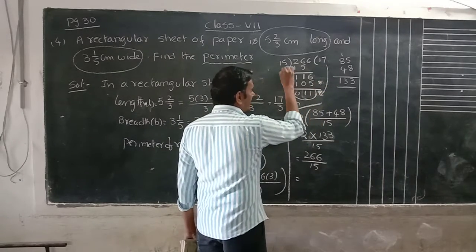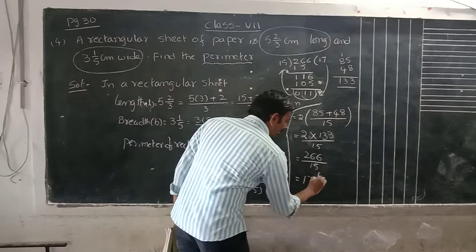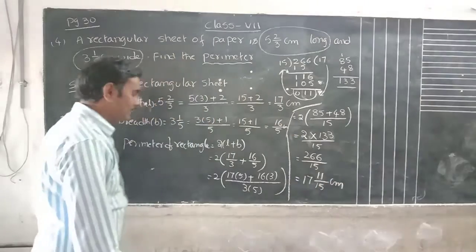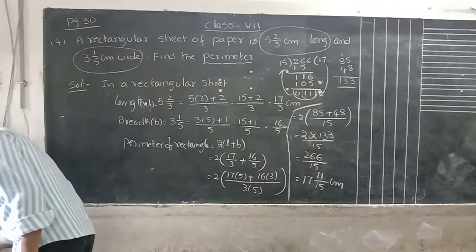Mixed fraction we have to write: 17 11/15 centimeters. This is the answer. Now we will go for the next question.